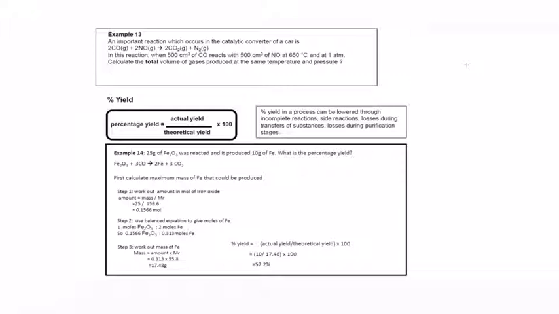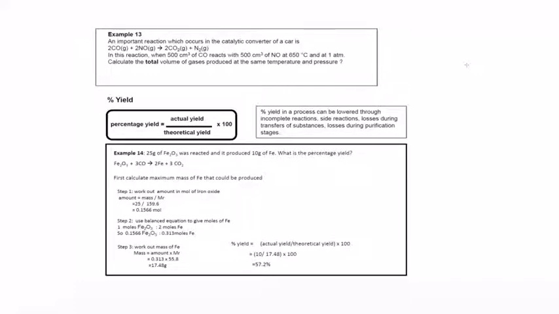An important reaction which occurs at a catalytic converter. In this reaction, 500 cm cube of carbon monoxide and 500 cm cube of oxide of nitrogen at 1 atm. Calculate the total volume of the gases produced at the same temperature and pressure. What will be the answer?